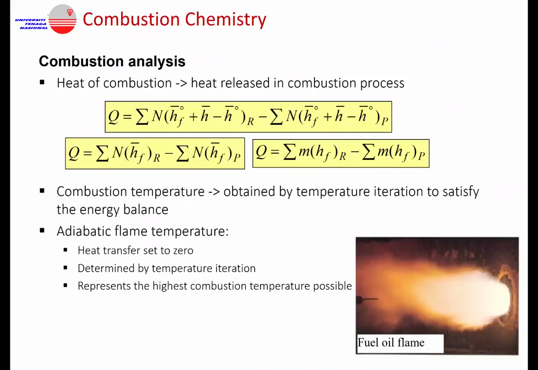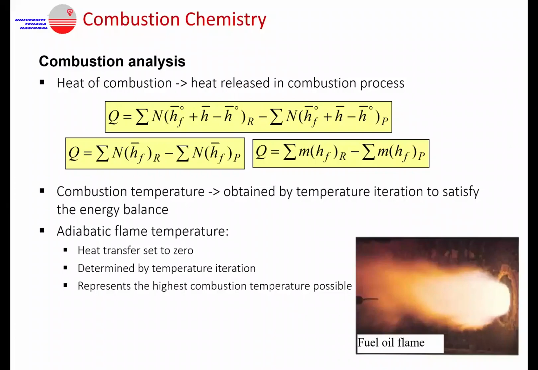in the product. Let's assume that the combustor is completely insulated such that we don't allow heat to transfer out of the combustor. Then the temperature inside the combustor will be as maximum as possible, because the heat is not released to the ambient.